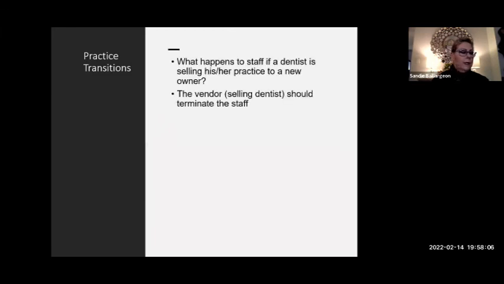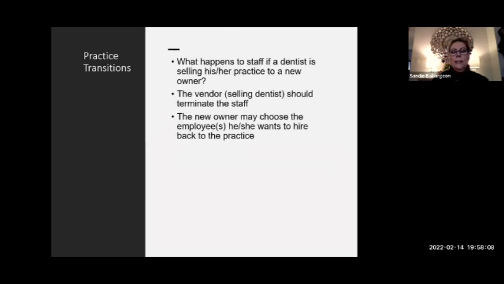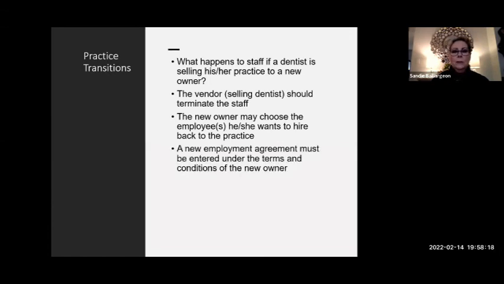What happens when a dentist is selling his or her practice to a new owner? The vendor should terminate all staff or implement employment contracts. But I would suggest doing that 3 to 5 years before you decide to sell. A new employment agreement must be entered under the terms and conditions of the new owner.